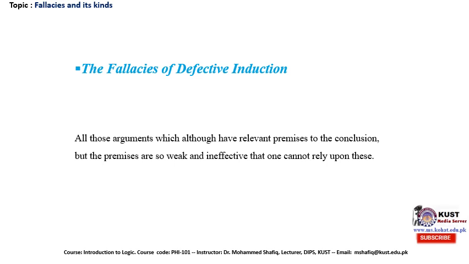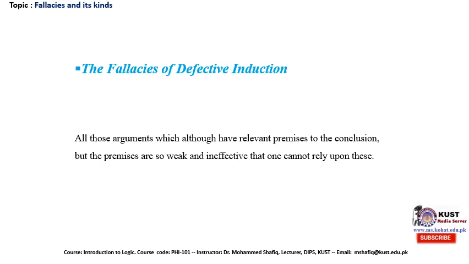In fallacies of defective induction, which are also very common, the mistake arises from the fact that the premises of the argument, although relevant to the conclusion, are so weak and ineffective that relying upon such premises is just like committing a blunder, because we cannot obviously rely upon them. This weakens the argument rather than supporting the conclusion.